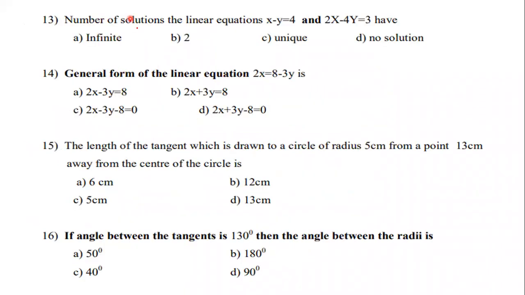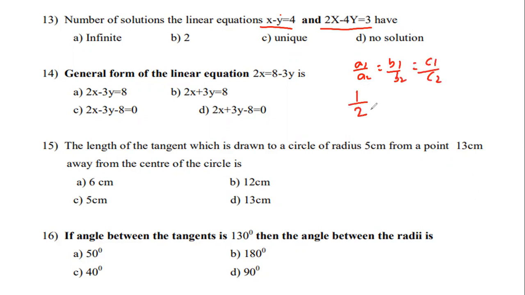13th question. Here, number of solutions of the linear equations x minus y is equal to 4, 2x minus 4y is equal to 3. So a1 by a2 is equal to b1 by b2 is equal to c1 by c2.